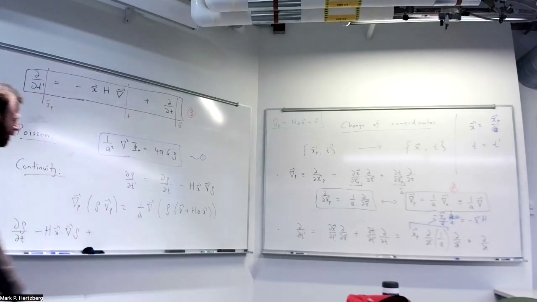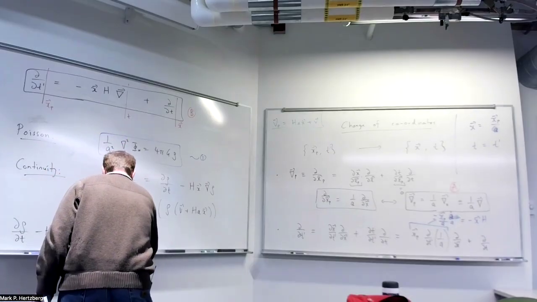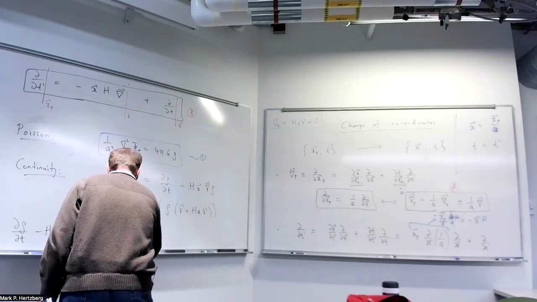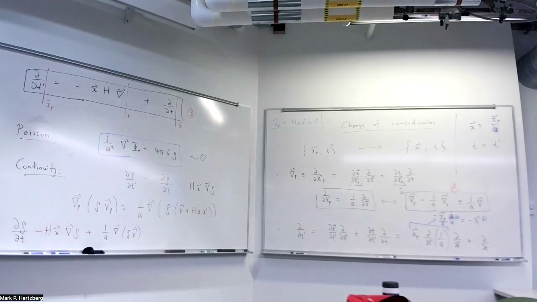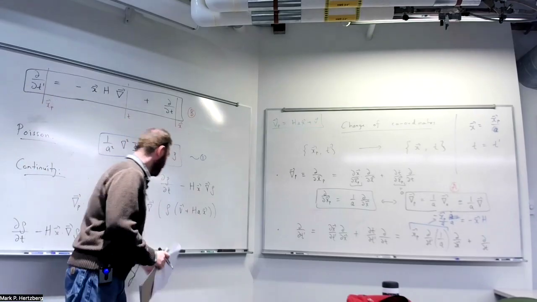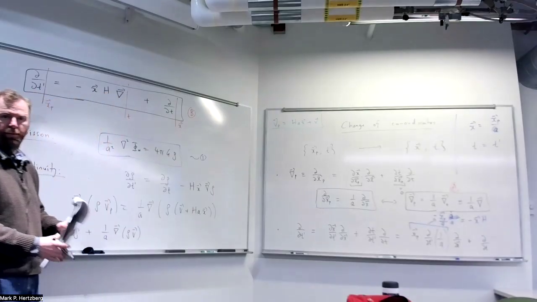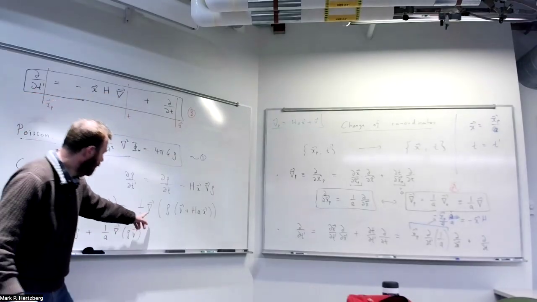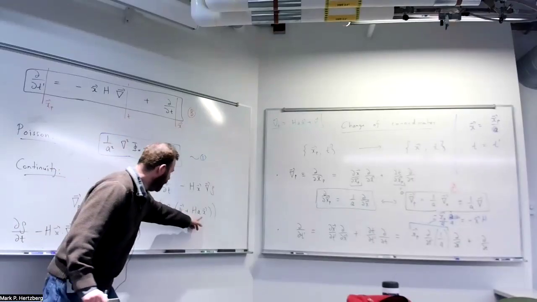Okay, so in the divergence here, first I can take the divergence of rho V. And then I need to take the divergence of this other stuff. So first of all, I could take the divergence here of rho and multiply it by that thing.